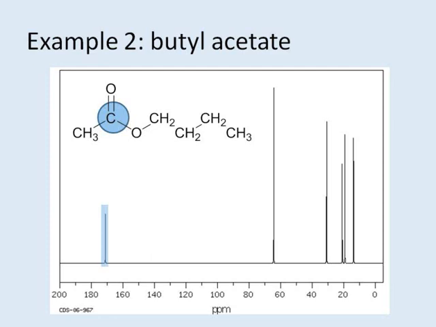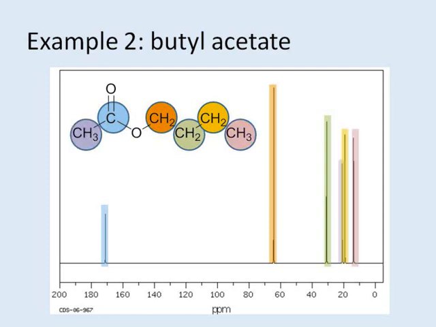The downfield peak, just above 170 parts per million, is due to the carbon atom of the carbonyl group. The peak with a chemical shift of 64 parts per million is the CH2 group connected to the oxygen of the ester group. The remaining CH2 groups move further upfield the further they move away from the ester group.